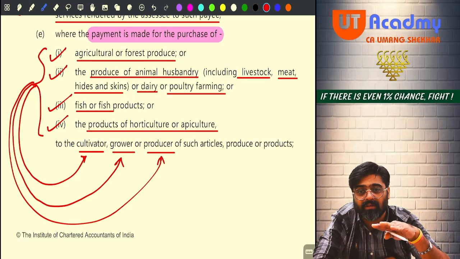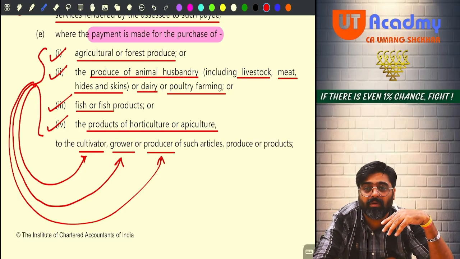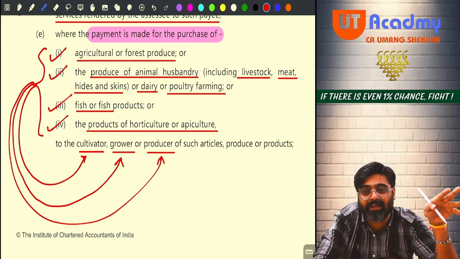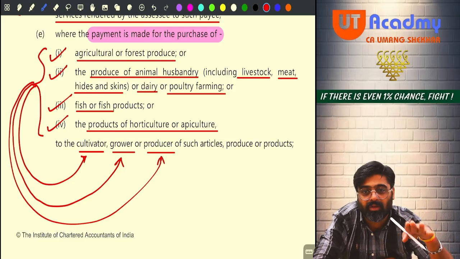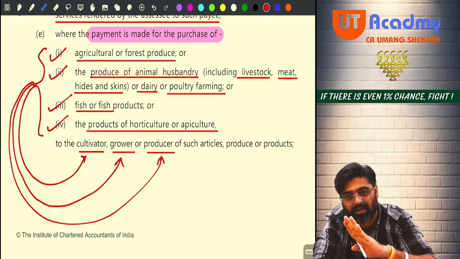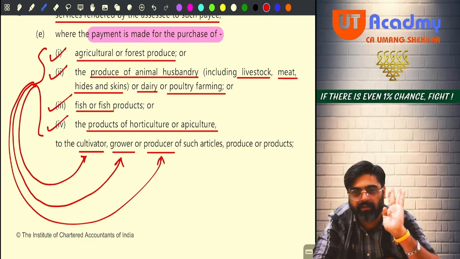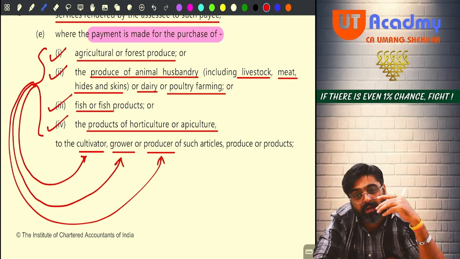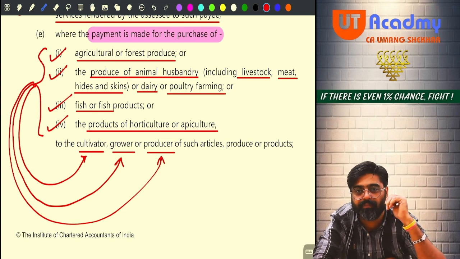Because whatever payment you make to them will be their agricultural income, fully exempt. Anyway, they were not supposed to pay tax on that. But you have made that payment, that is your expense. We will allow you that expense fully. Any mode, any amount is okay.